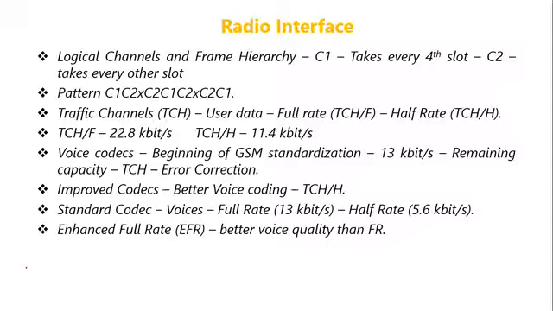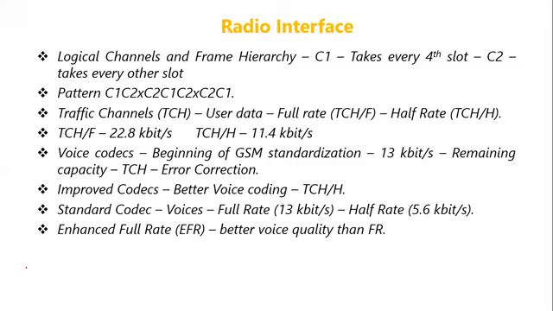So data transmission in GSM is possible at many different rates. For example, we have traffic channels at full rate operating at 4.8 kilobits per second, traffic channels at full rate operating at 9.6 kilobits per second, and in the newer specification, traffic channels at full rate operating at 14.4 kilobits per second.